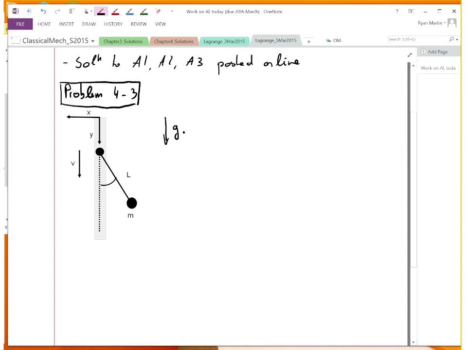So gravity is down. And you're asked to find the equation of motion for the pendulum.